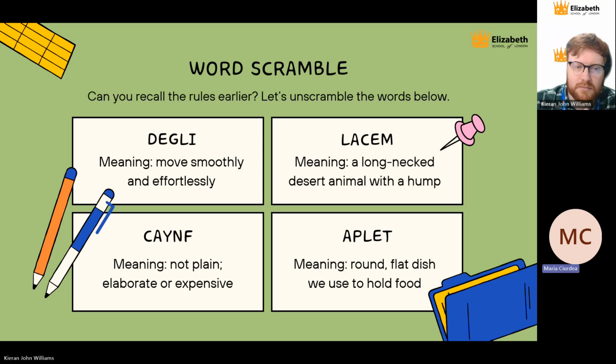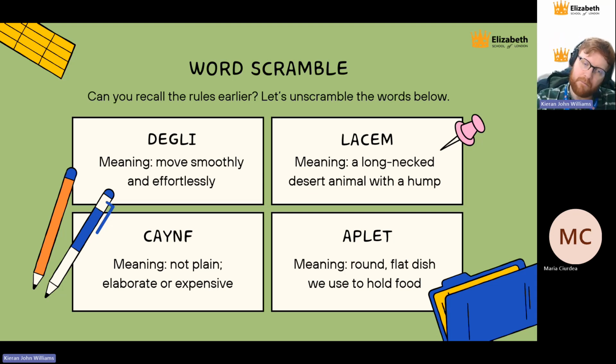Safin? No, no. Okay, we're not sure about this one. Finance? No, because we don't have enough letters for that one. We need an N. All right, we're not sure about that one, so we'll come back to that later.